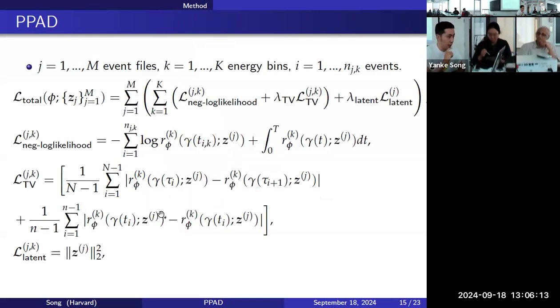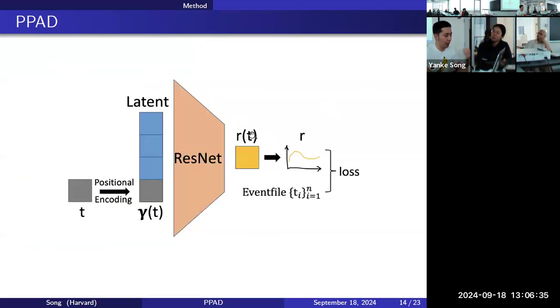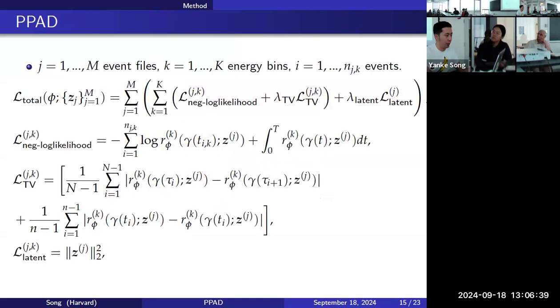Speaking of loss functions, now this is the full formula for the loss function. Remember, right now I've ignored the energy bins, but it's pretty easy to add back, because in astronomy people usually just bin the energies into three: soft, medium, and hard. So now instead of one value, I can just output three values for each energy bin.